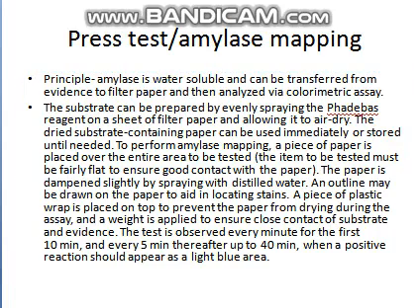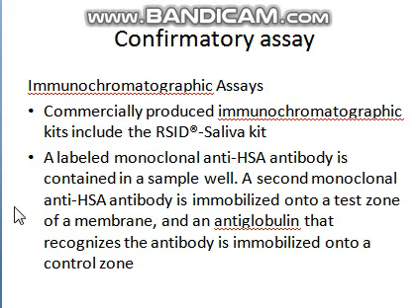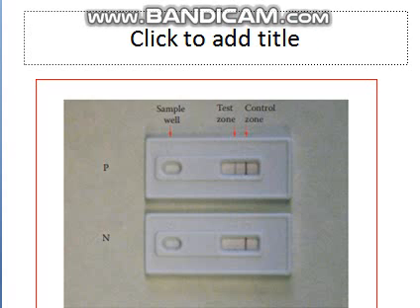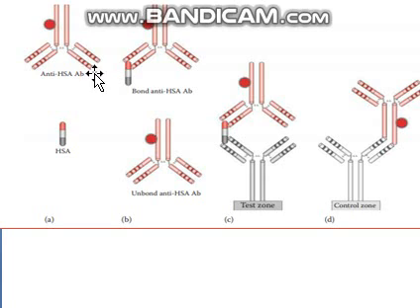The next thing you can go for is the confirmatory test. Again, this confirmatory test is based upon the principle of RSID, the same principle you have studied earlier for menstrual blood. The principle is the same, with the difference only in the kind of antigen used.